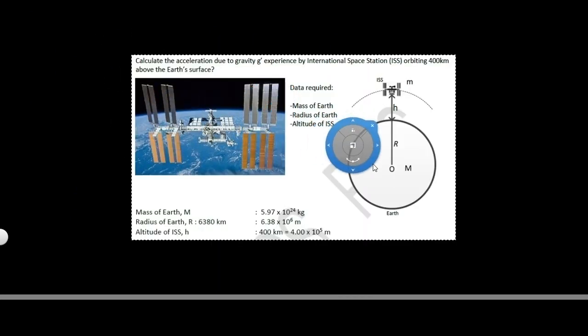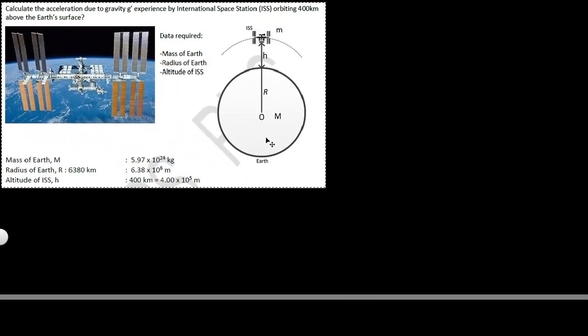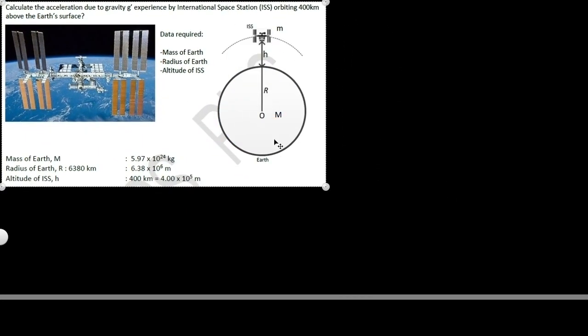So let's take an example. I will bring here this question. Calculate the acceleration due to gravity g experienced by the International Space Station, ISS, orbiting 400 kilometers above the Earth's surface.